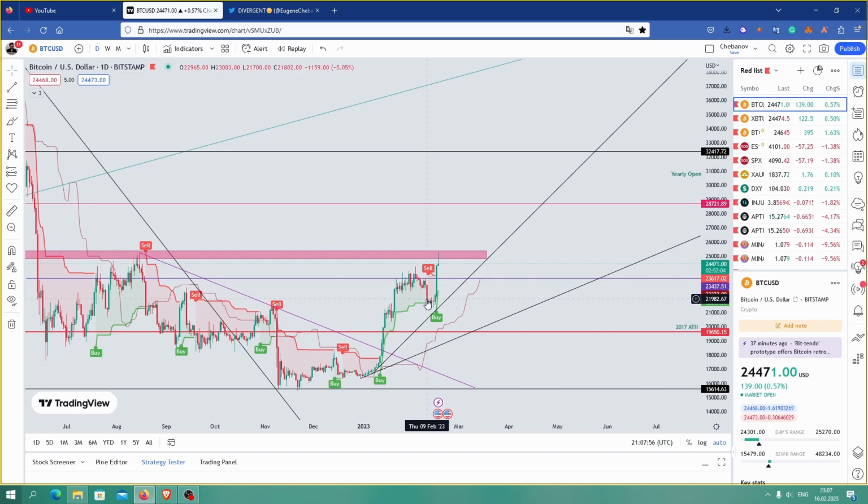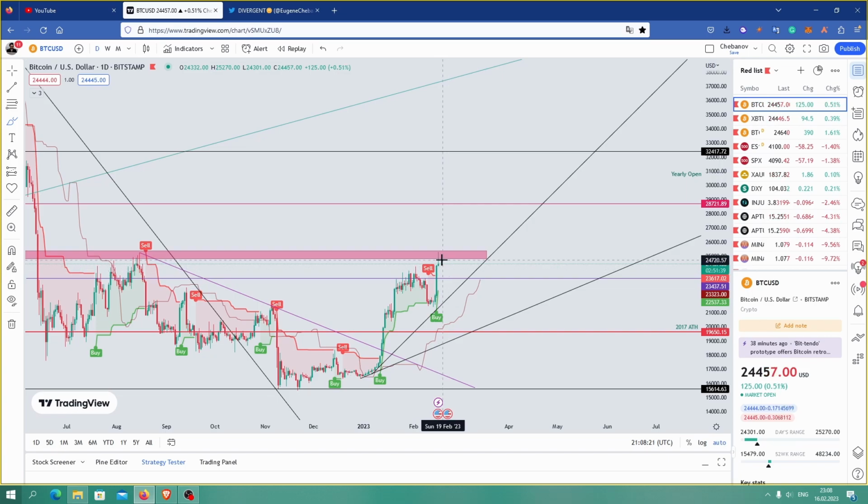We were breaking its support, and we needed to retest this super trend resistance to confirm that our trend has changed. If we wouldn't break this super trend, then we would go lower. We would confirm that this midterm trend has changed, but we broke it to the upside.